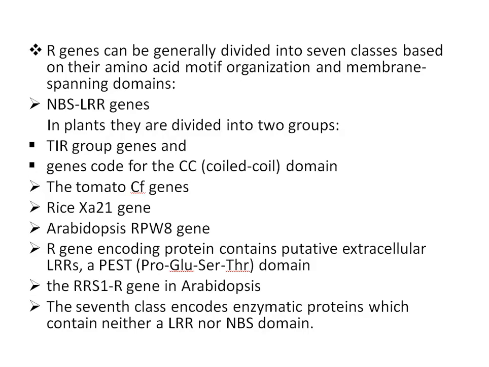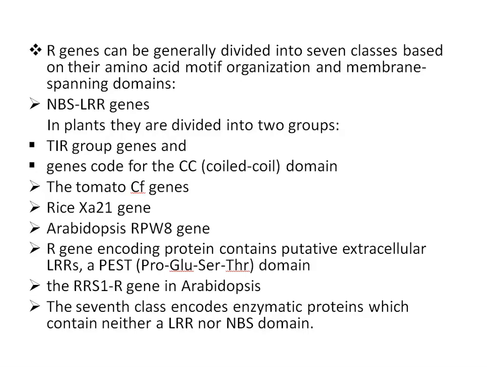The Arabidopsis RPW8 protein is an example of the fourth class of resistance gene encoding proteins, which contains a membrane protein domain and a putative coiled coil domain. The fifth class of resistance gene encoding protein contains putative extracellular LRRs and a PEST domain.